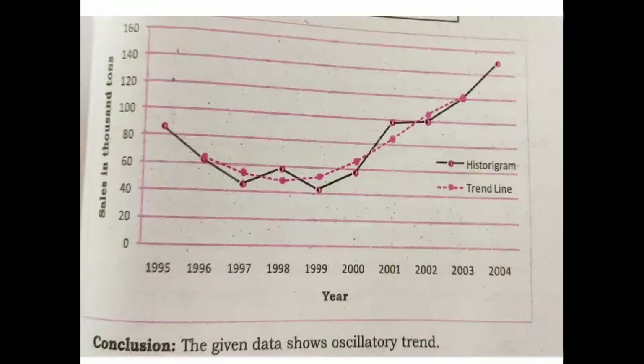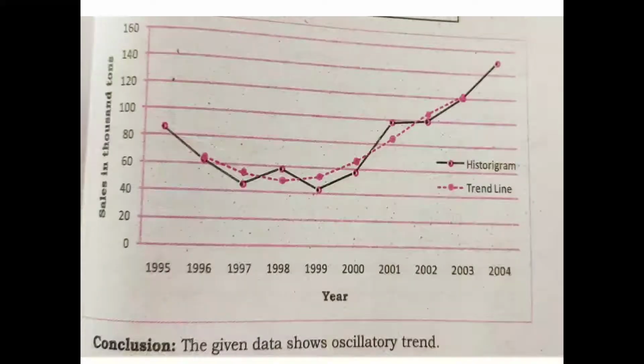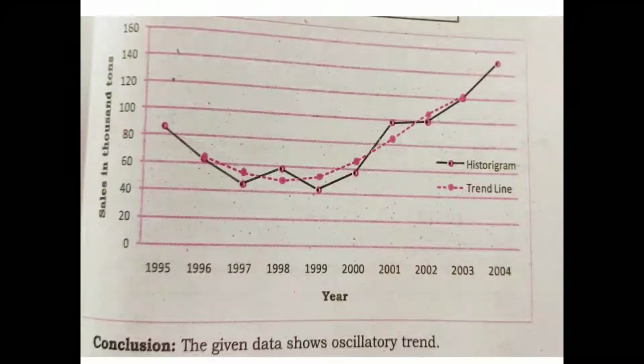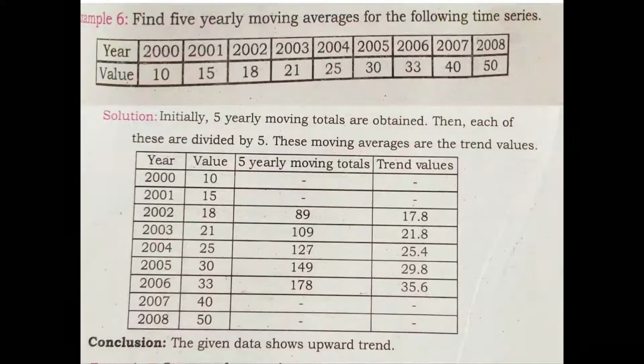Next, plot the graph with time on the horizontal axis and sales in 1000 tons on the vertical axis. The conclusion you can give is that the given data shows an oscillatory trend.